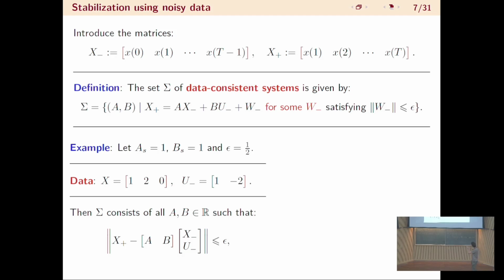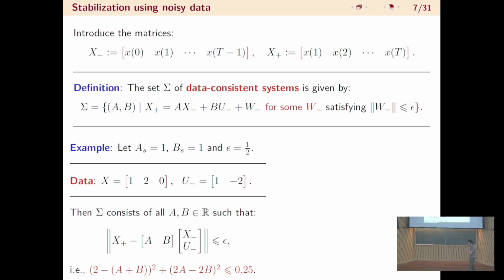If you plug in now the expressions for x plus, x minus, and u minus, you can reformulate this. Because, again, remember that this matrix has norm less than or equal to epsilon if and only if this matrix times its transpose is less than or equal to epsilon squared times the identity, on the previous slide. I use that fact and I reformulate this inequality as such. Maybe you can check for yourself that that is indeed the case.